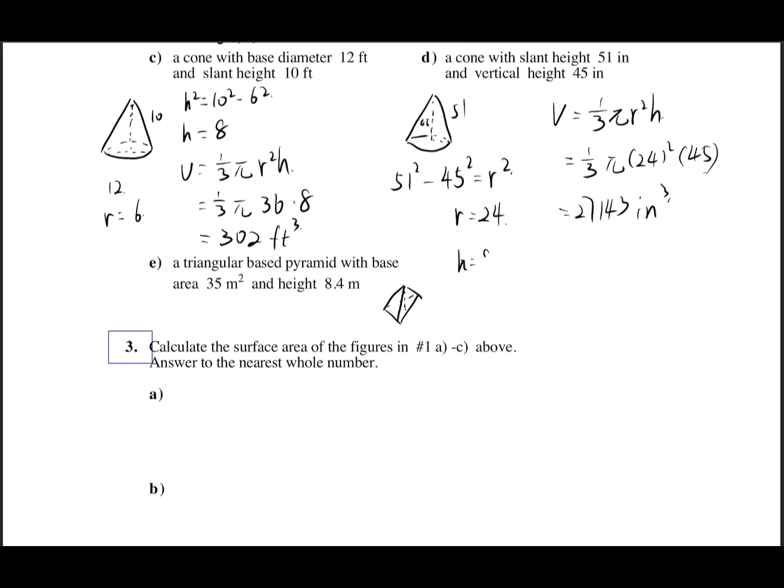For the height is 8.4 and the base area is 35, so its volume equals 1/3.